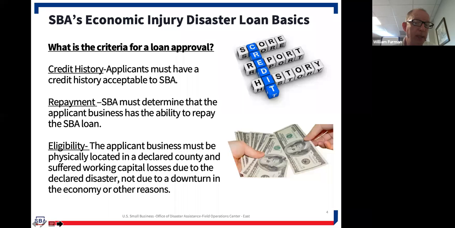So the other scenario would be if you had financial issues prior to the event.